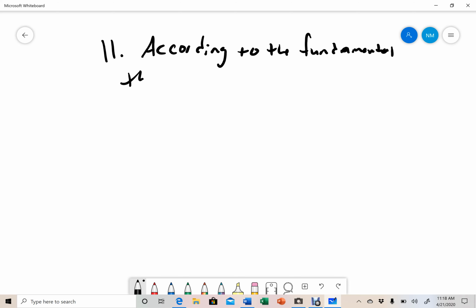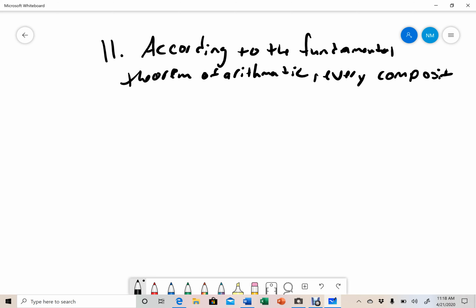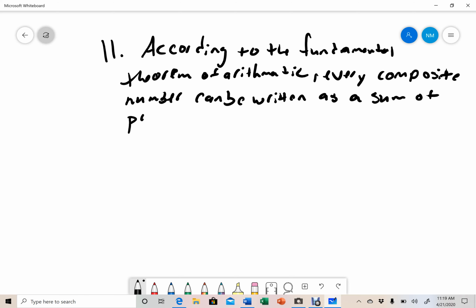Again, true or false. Okay, according to the fundamental theorem of arithmetic, every composite number can be written as a sum of prime numbers.